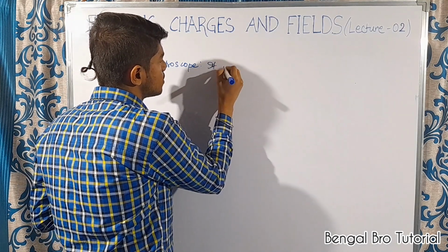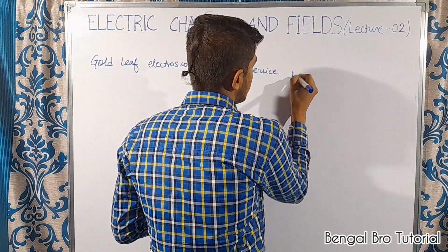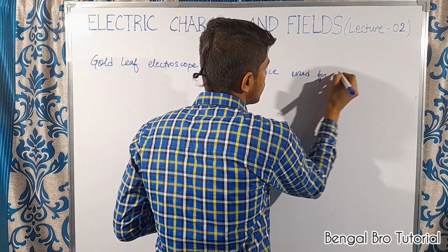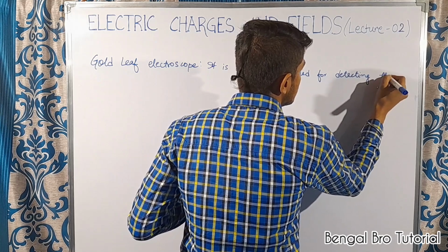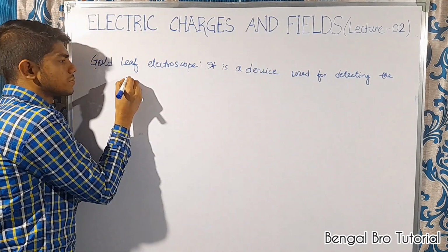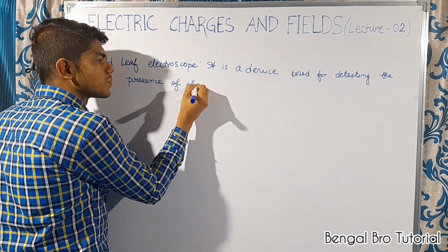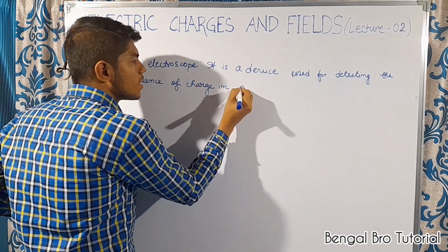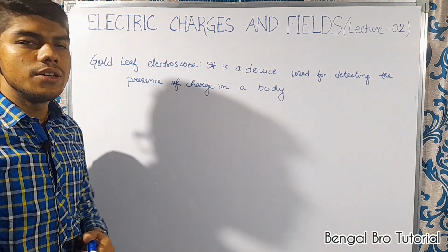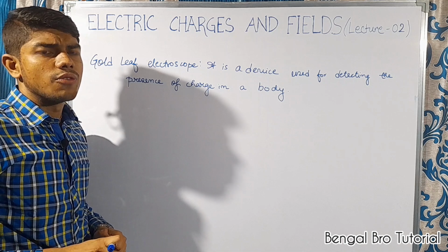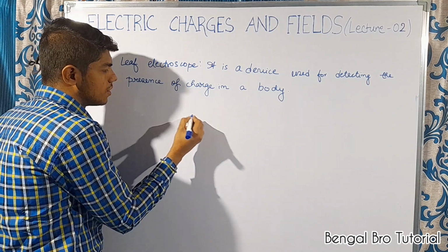It is a device used for detecting the presence of charge in a body. The device consists of a vertical rod attached to the mouth of a glass vessel.